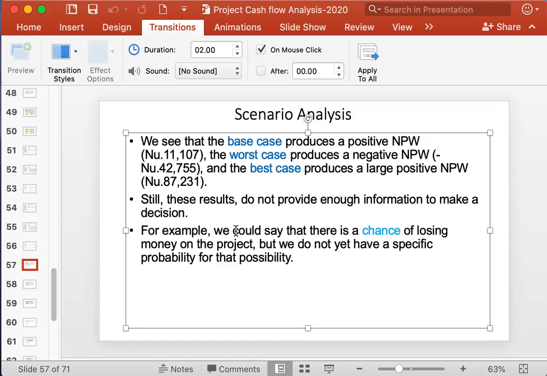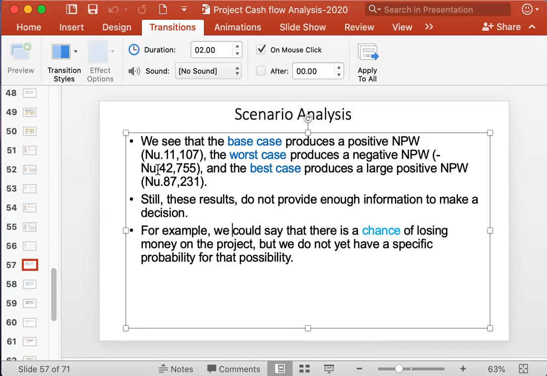What if somebody says that there is a chance of losing the money on the project? Or what if somebody asks, this minus 42,755 is not possible? When we say not possible, then we are talking about probability.